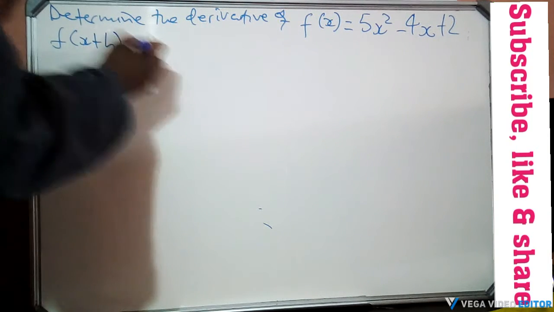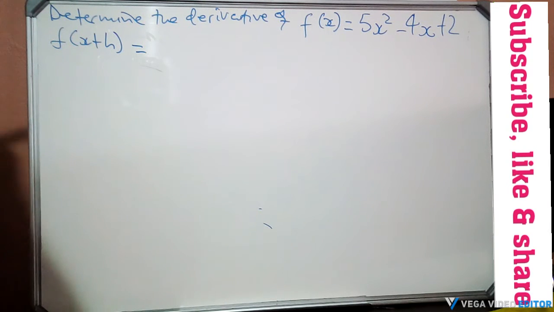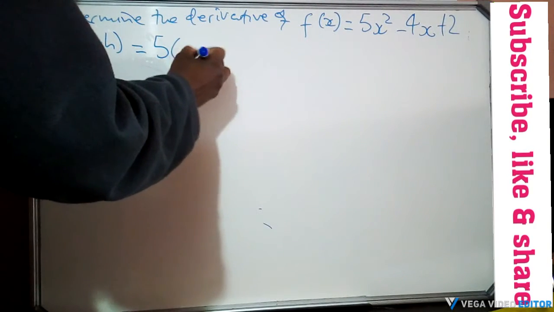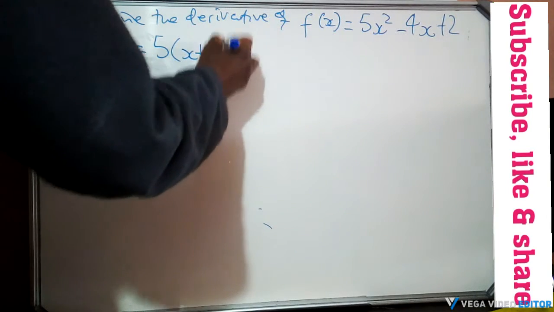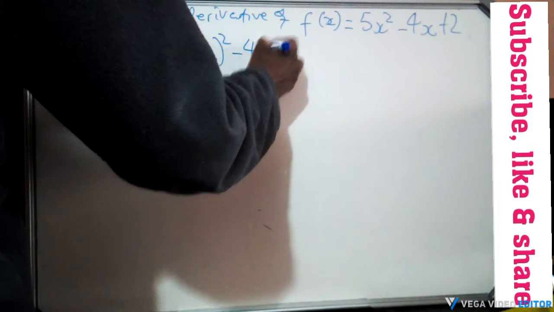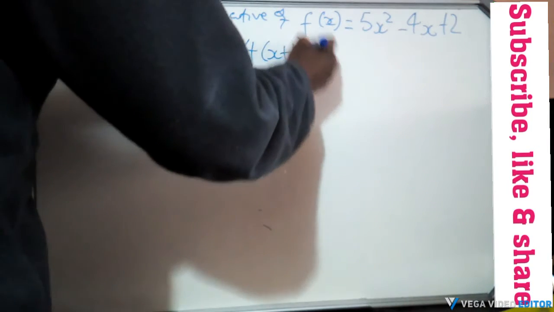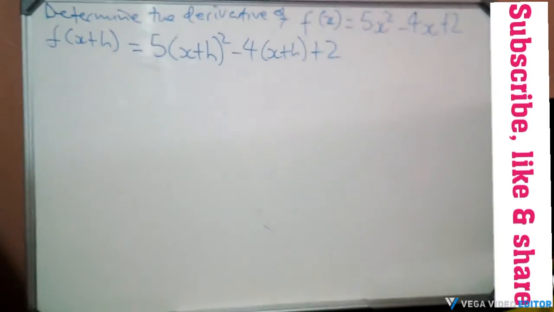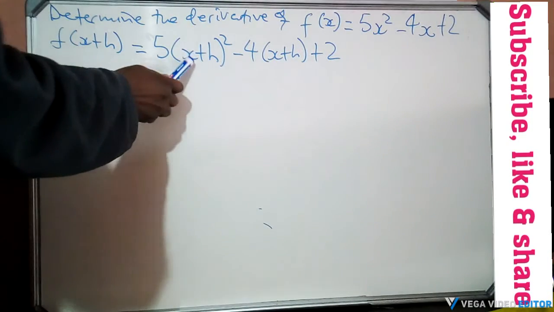Now f(x + h) means that everywhere where you've got x, you put x plus h. So you've got 5 open bracket x plus h squared, minus 4 open bracket x plus h, plus 2. All right, okay, let us solve first.